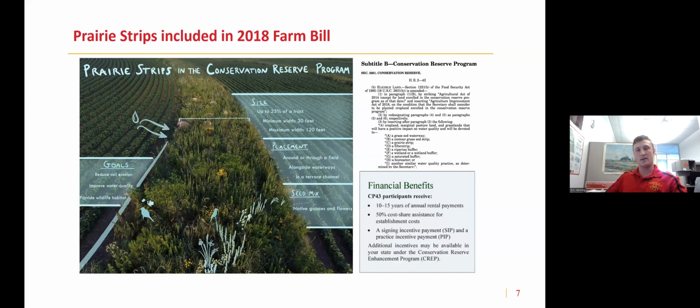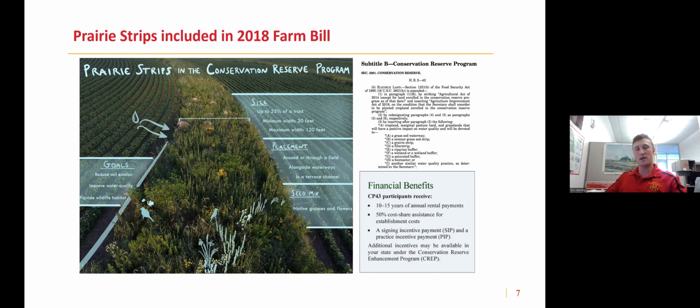Now, alongside the STRIPS 2 on-farm research and refinement, another development happened in 2018 when prairie strips were included in the Agricultural Improvement Act, or the Farm Bill. So under practice CP43 in the Conservation Reserve Program, participants can implement prairie strips on their farms and receive payment and cost share for establishment costs, with the goals of providing ecosystem services such as reducing soil erosion, improving water quality, and also wildlife habitat.